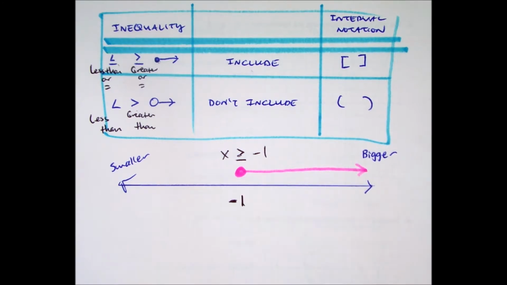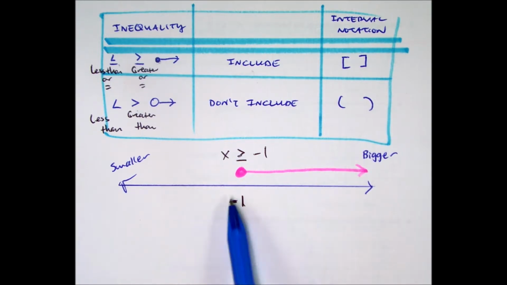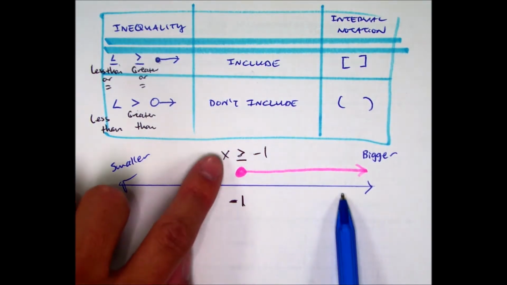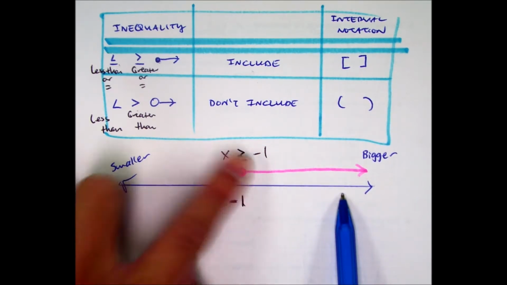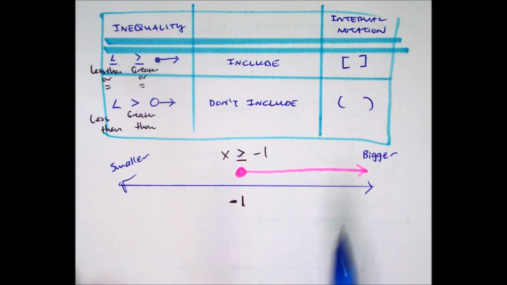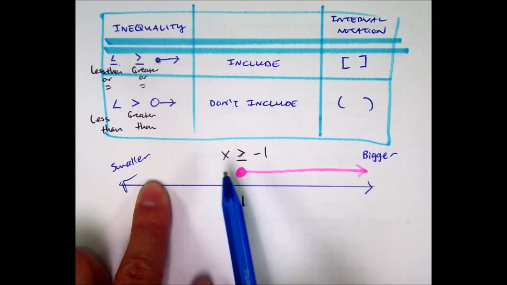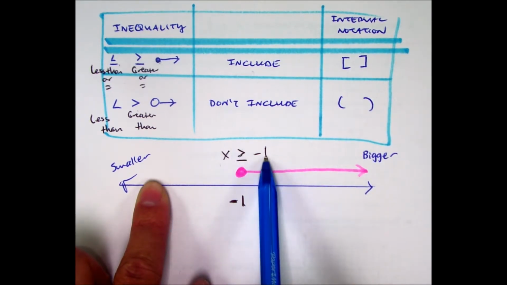For example, 3. Put your finger where 3 would be on the graph. Class, is 3 bigger than -1? Yes, it is, and that's why it's on this pink area. How about -5? Put your finger on it. Class, is -5 bigger than -1?